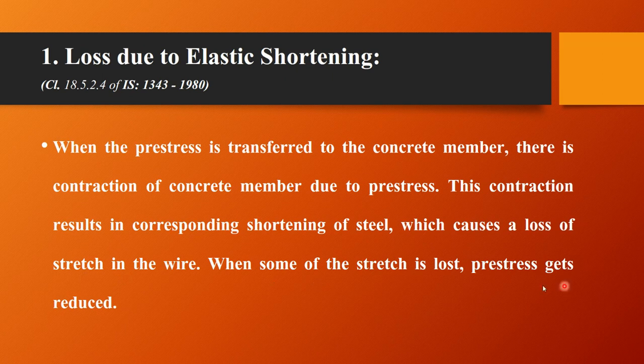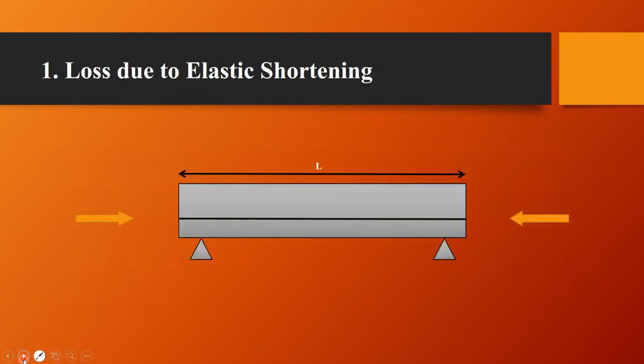Okay. So let us discuss this point with the help of one simple graphic. Let us consider a beam which is provided with a tendon, and these tendons are going to apply a compressive force.